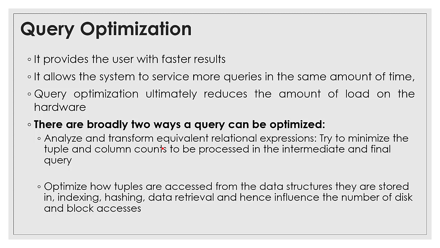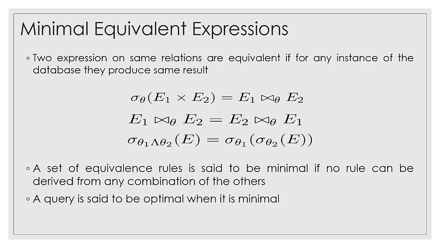There are a total of 12 rules of equivalence between relational algebra expressions. We are not going to discuss all the 12. So we are going to discuss 2 or 3 of them with examples. Now let us discuss the equivalent expression.